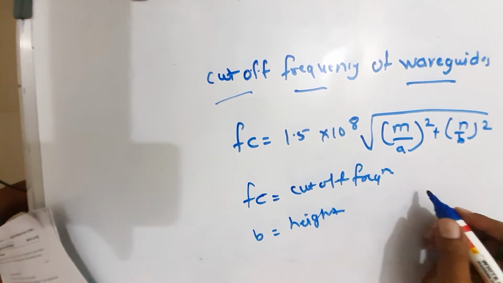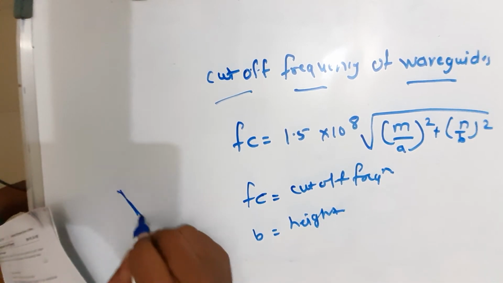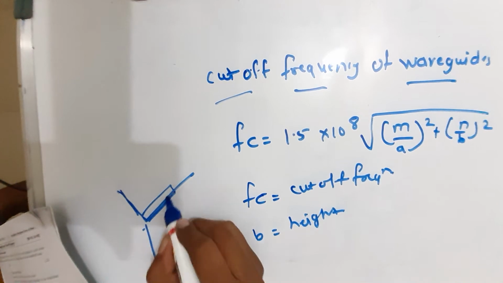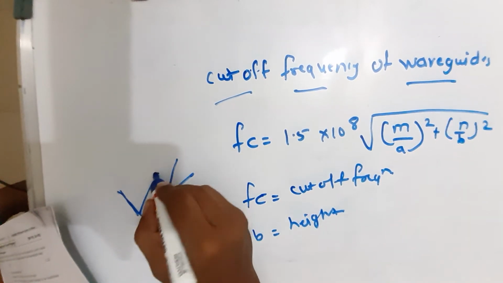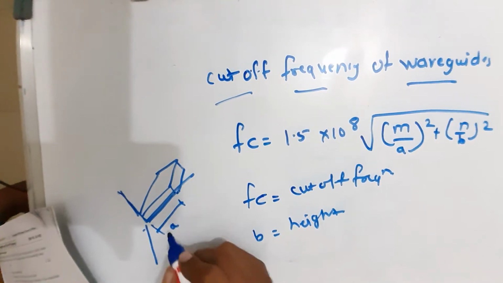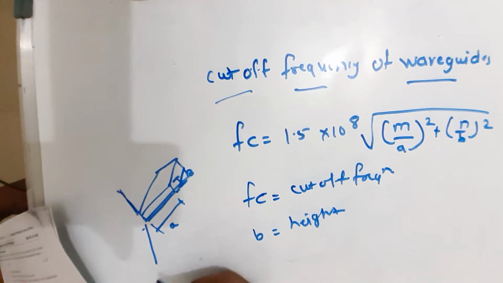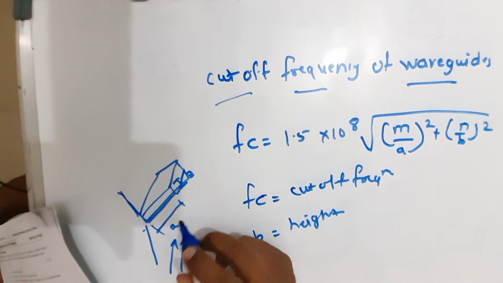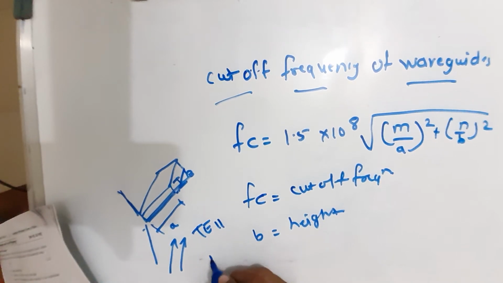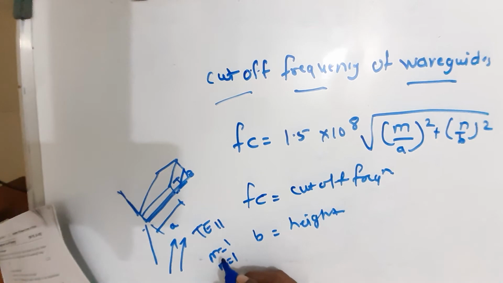For example, this is a rectangular waveguide. The distance between the walls is a and the height is represented by b. Here some waves are traveling in TE11 mode, so m equal to 1, n equal to 1.